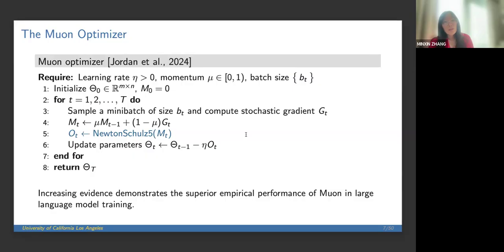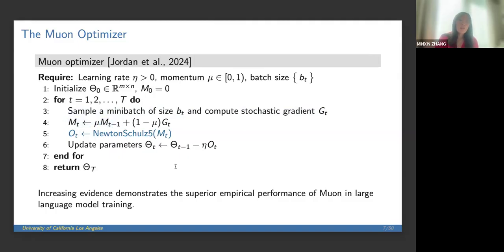If people are familiar with stochastic gradient descent, SGD, here's an overview of this algorithm. Basically, it samples a mini-batch of a certain size, computes the stochastic gradient, and then accumulates a momentum.